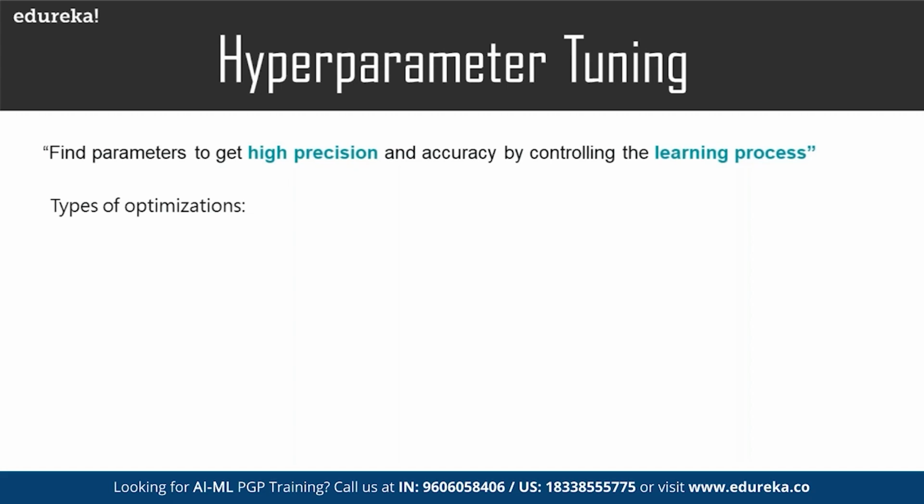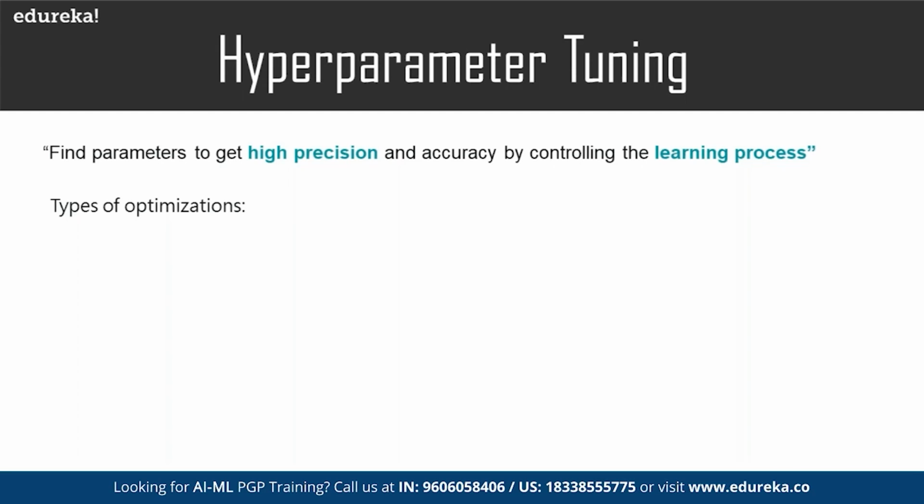As we see, hyperparameter tuning comes to this point: finding such important parameters as a part of the algorithm. The main purpose of finding such parameters is to get high precision and accuracy. If you ask me what accuracy is, it is a metric we call evaluation metrics, or performance metrics, and such a metric is used for evaluating the model.